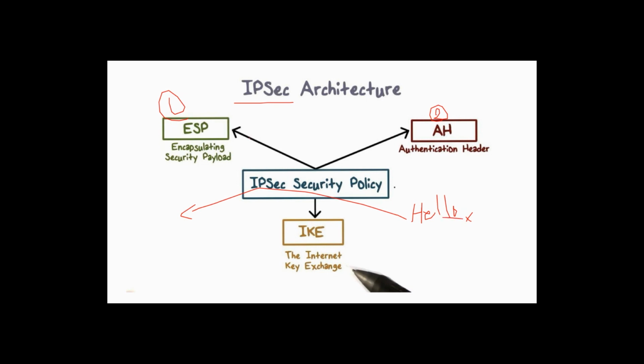And we also need to encrypt that message by the encapsulation. So instead of hello, we send something like ABC, for example, and that's signed by X. So we have authentication and encryption in the same packet.